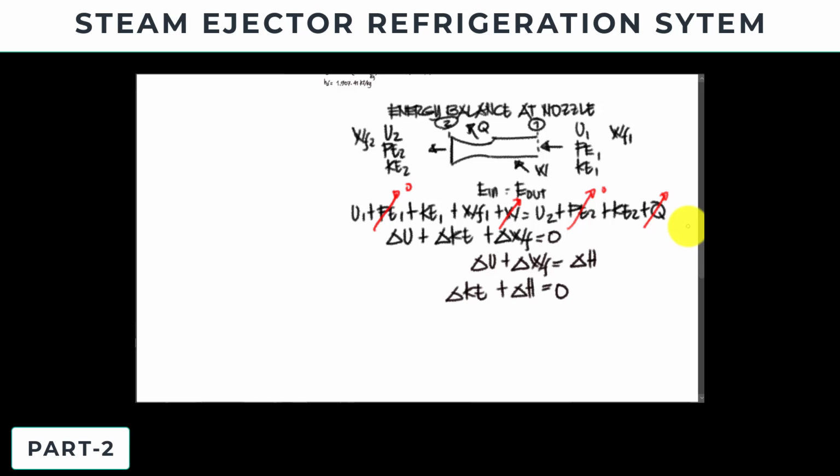Now, I can expand this one as my 1/2 times the mass flow rate of 0.2 times the velocity 2 squared minus my velocity 1 squared, then plus the mass flow rate at 0.2, and then this will be multiplied by the change in enthalpy from 2 to 1 and is equal to 0.